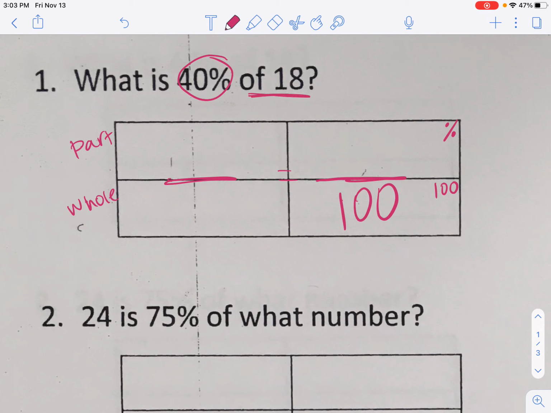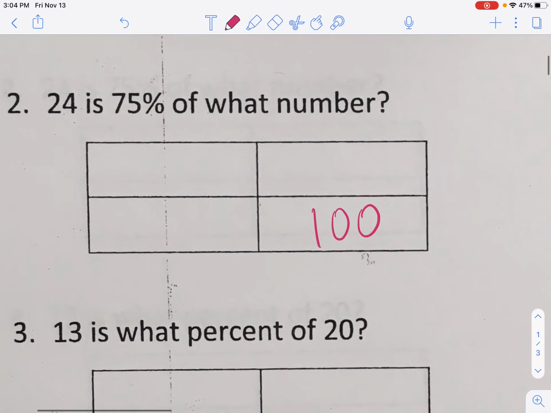So 18 is going to be our whole, and 40% is our percent, but I don't know my part. So that is what I'm looking for. Since the part in a fraction always goes on top, I know that 40% is 40 out of 100. But I don't know the part of 18. This magic word "of" helps me know that I'm finding part of a total, so 18 is going to go on the bottom.